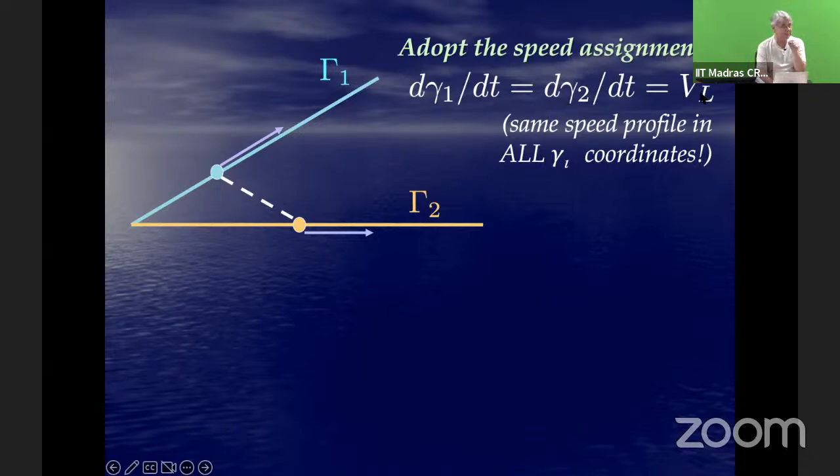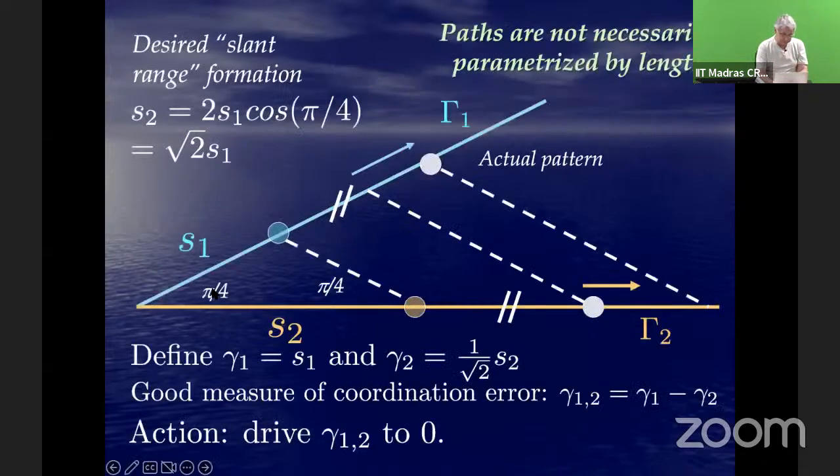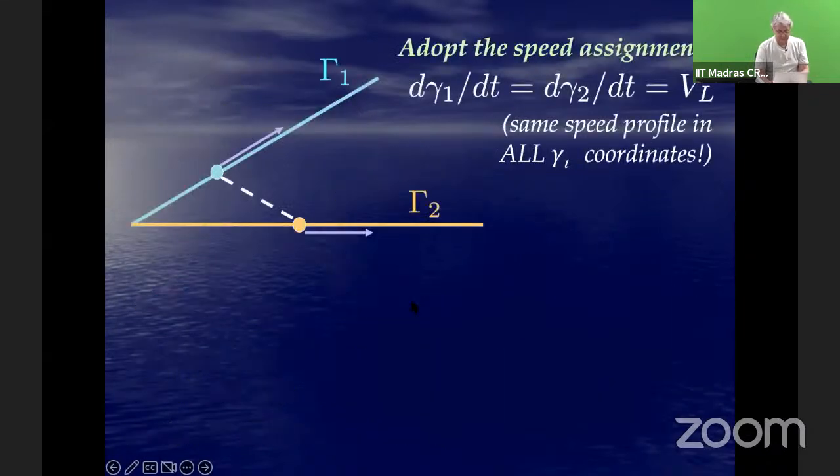It does not mean that the inertial speed of this one will be the same, because it has to go further away. So the beautiful thing is that if you parameterize the paths adequately in terms of the gamma, you declare victory when all the gammas are equal, and the speed in terms of rate of variation of gamma is the same for all of them.